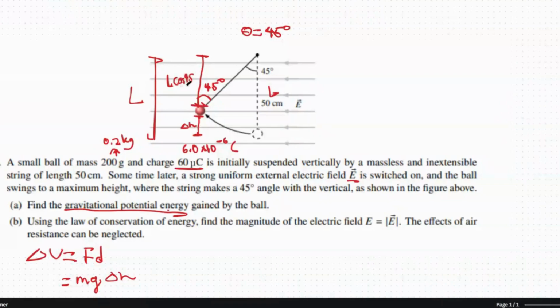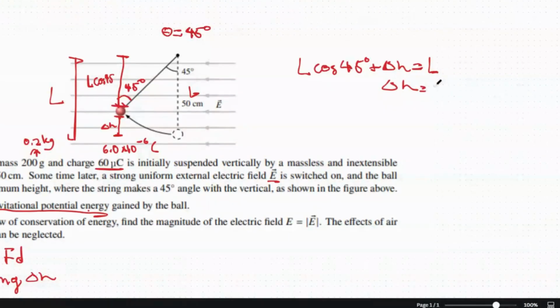Now L cosine 45 degrees plus delta H would be equal to L. So delta H would be equal to L minus L cosine of 45 degrees. Delta H would be equal to L times 1 minus cosine of 45 degrees.